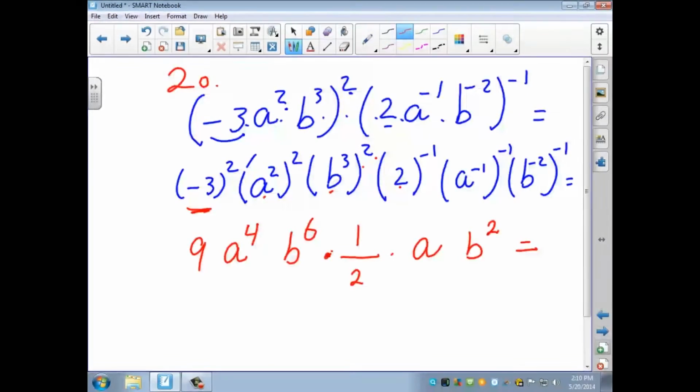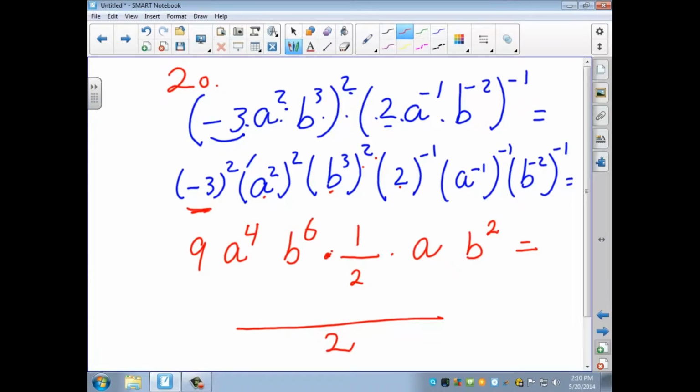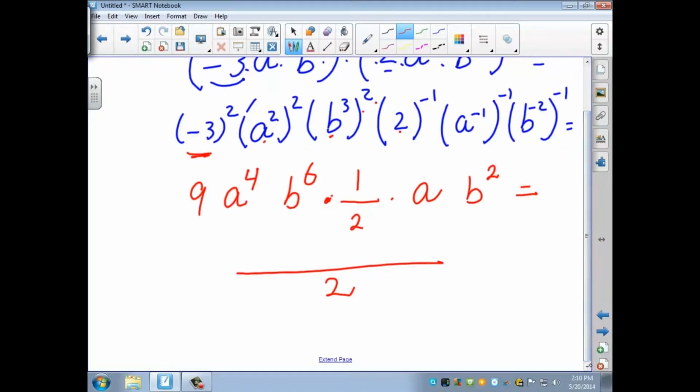Now, the only thing in the denominator is this 2. Since it's multiplication, that 2 goes under all of them. In the numerator, you have 9. I have here a to the fourth times a to the 1, so that would be a to the fifth.